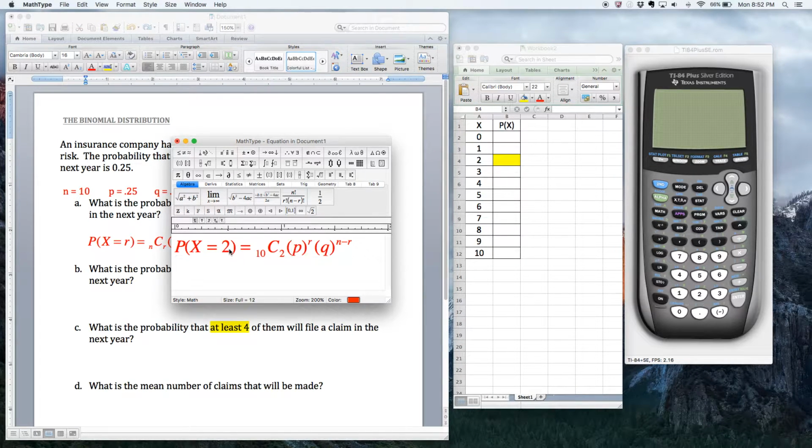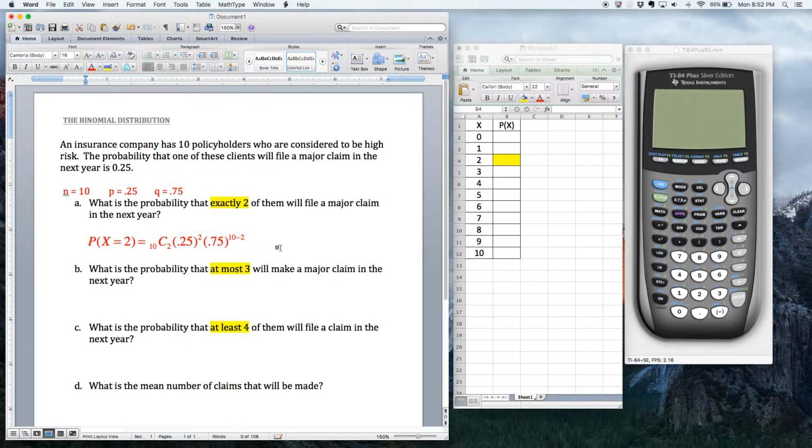Again, r is 2. p is 0.25. r is 2. q is 0.75. 10 and 2. So what I did was modify the existing binomial formula that was there and substituted the values that we have in our question.